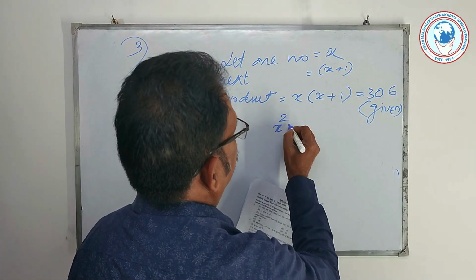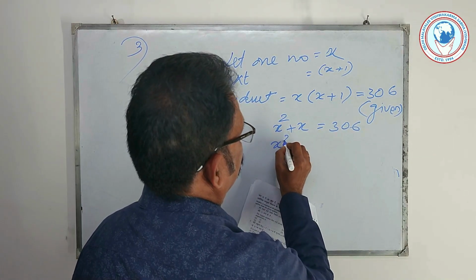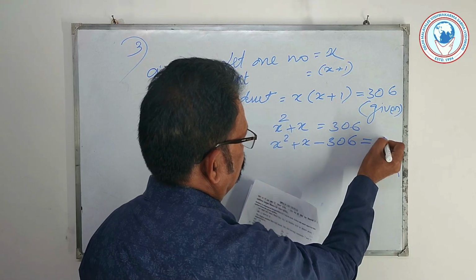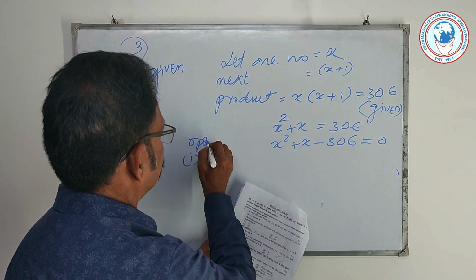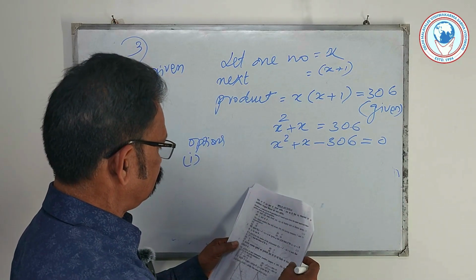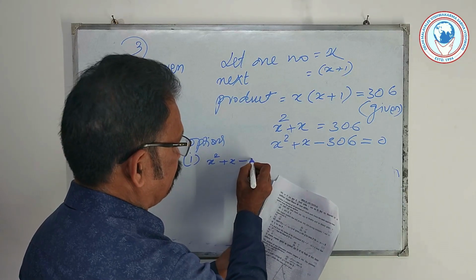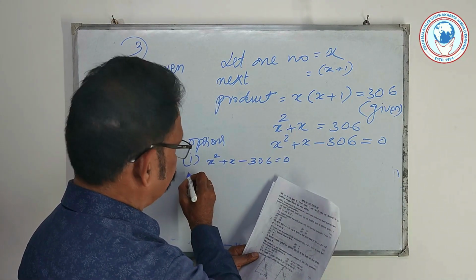So x square plus x is equal to 306, or x square plus x minus 306 equal to 0. The options are A, x square plus x minus 306 equal to 0.